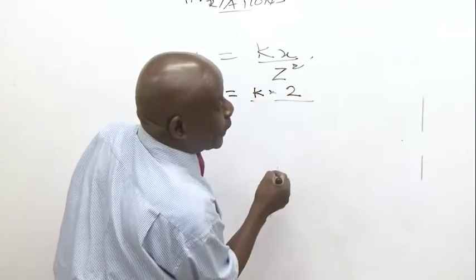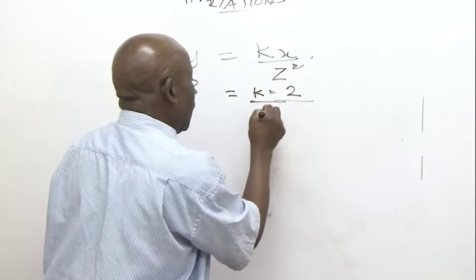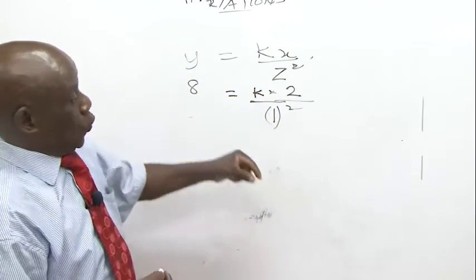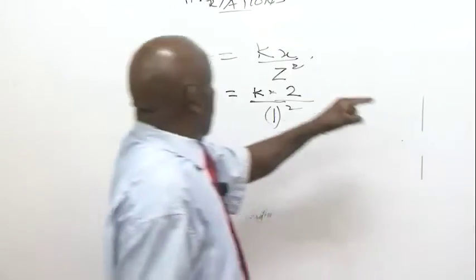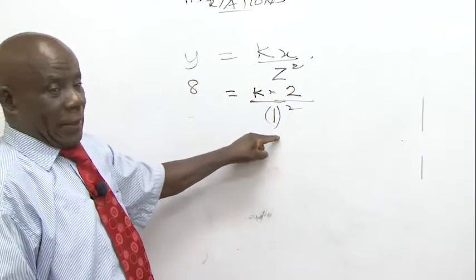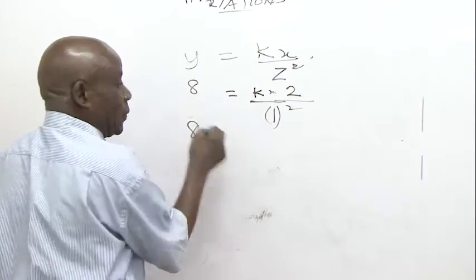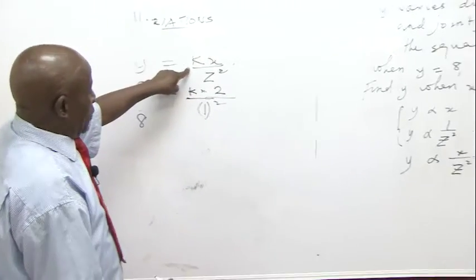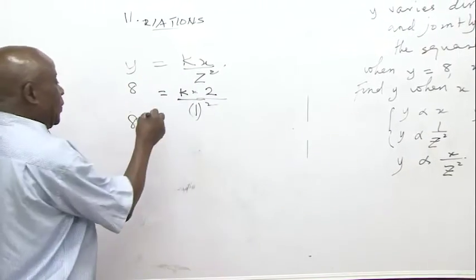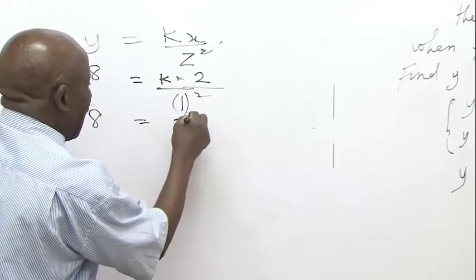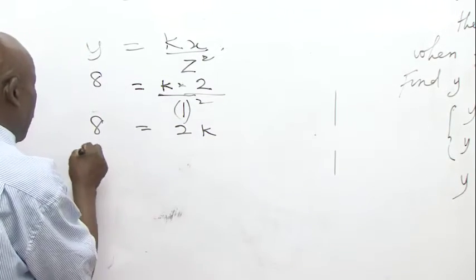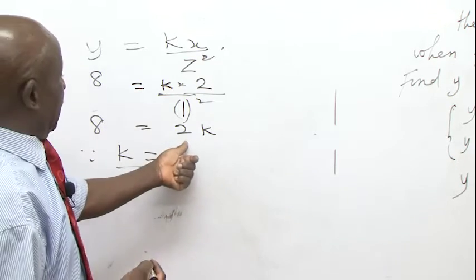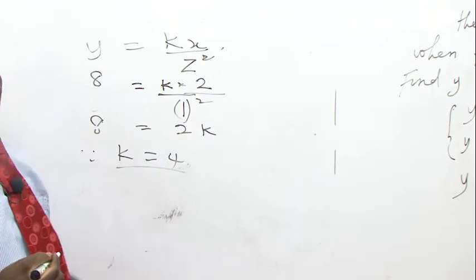What is z? 1. You put 1 all squared. I told you there's 1 mark here, 1 mark here, 1 mark here. Because you know the interpretation of the question, you introduce a constant, you are trying to find the constant. This is 2k, another 1 mark. You say therefore k is 4, because you multiply a number by 2 and the result is 8, that k is 4.